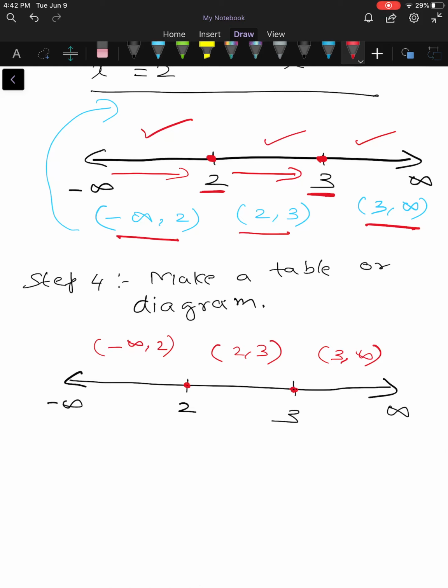So now we will take trial values inside each of the intervals, take suitable values which you find easy, and apply it to the factors and check what sign we get.